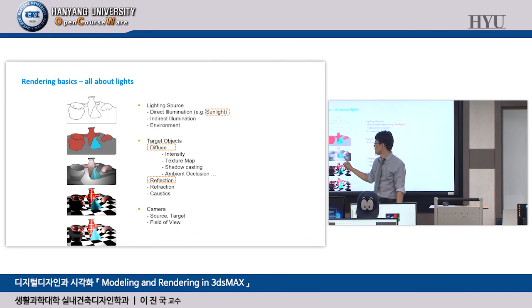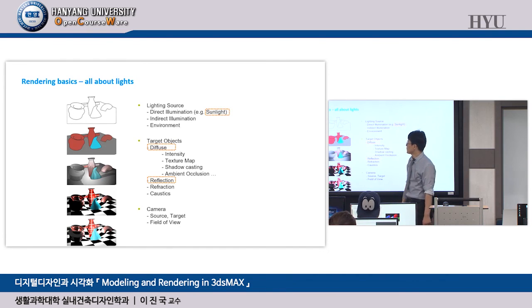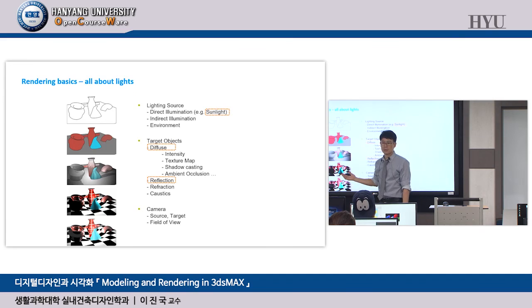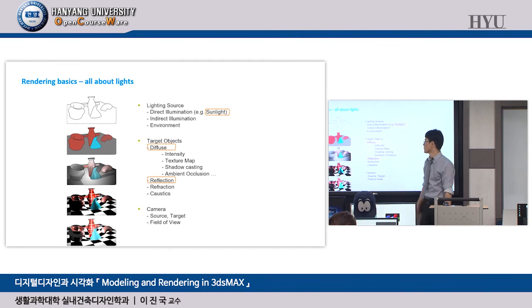How about this? Shaded with shadow casting. How about this one? Entire thing with texture map. How about this one? Ray traced, okay? So something advanced, but anyway, all of those visualizations are rendering. Photorealistic is here, but anyway, they are still effective render, okay? Line stroke render and so on.